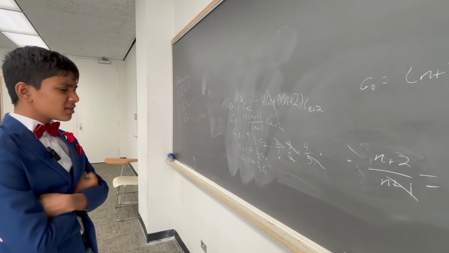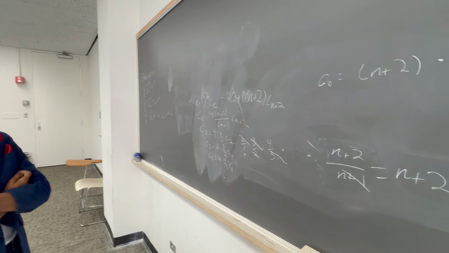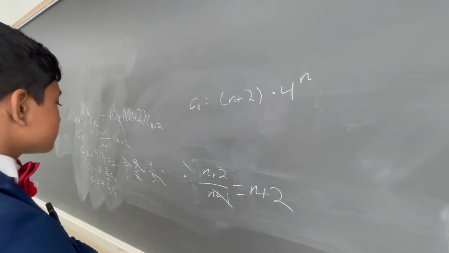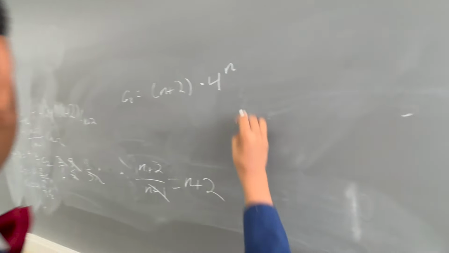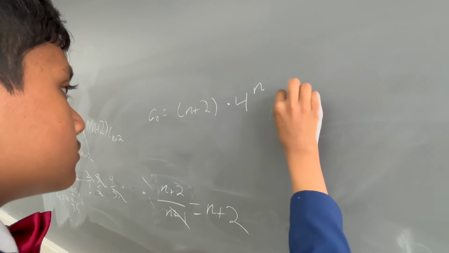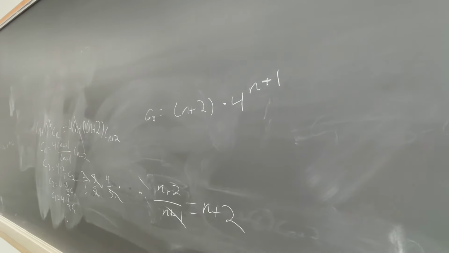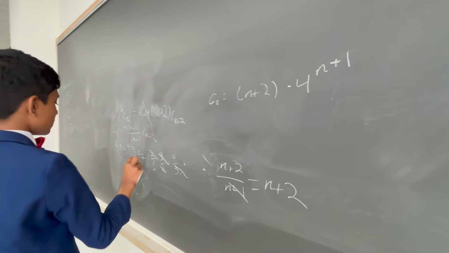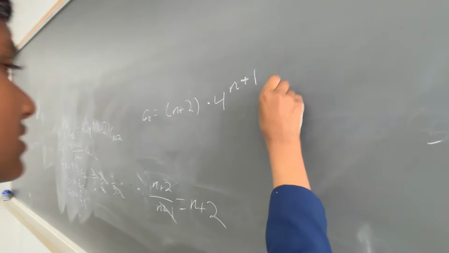I feel like, yeah, I should be doing this correctly. C2n is equal to n plus 2 times 4 to the n, times C0.